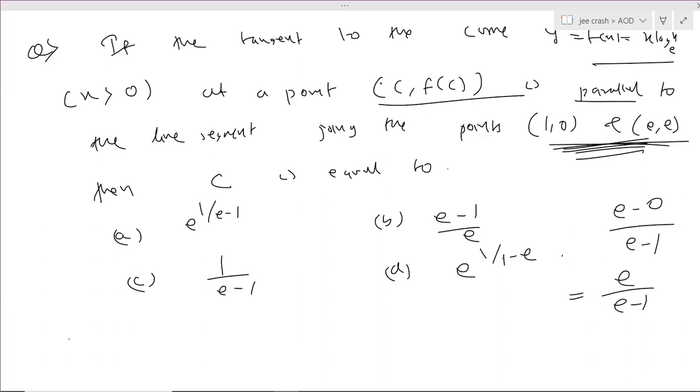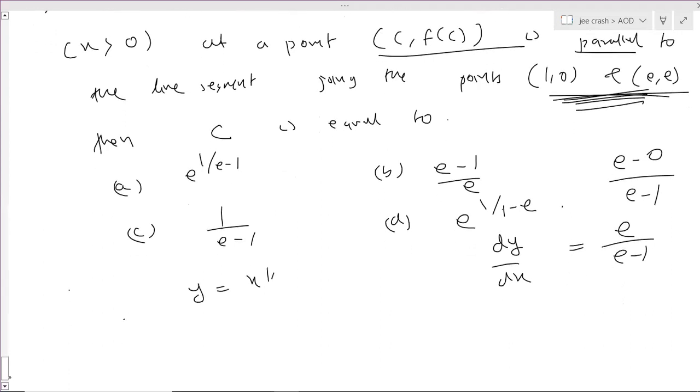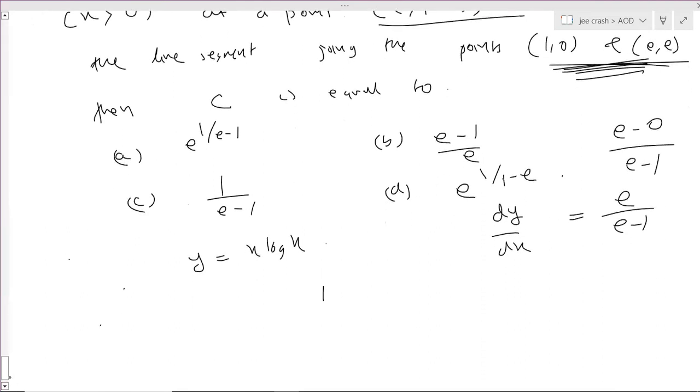So differentiation of y, where y is x log x. What is the differentiation of x log x? 1 plus log x. So 1 plus log x equals e upon e minus 1.